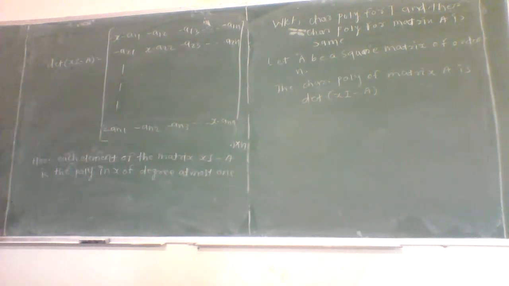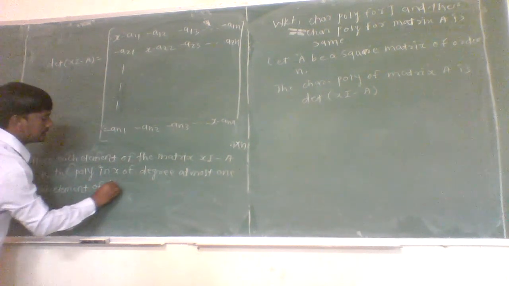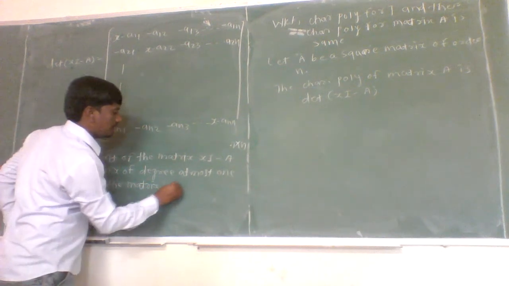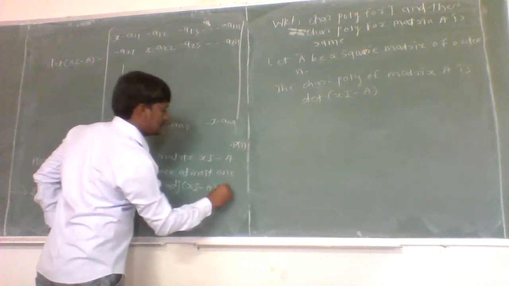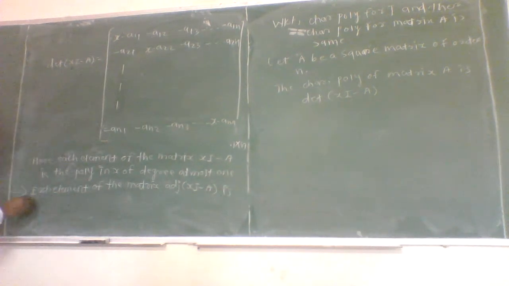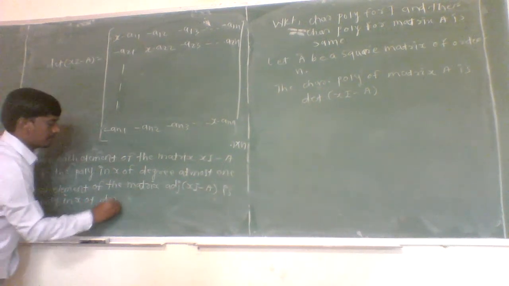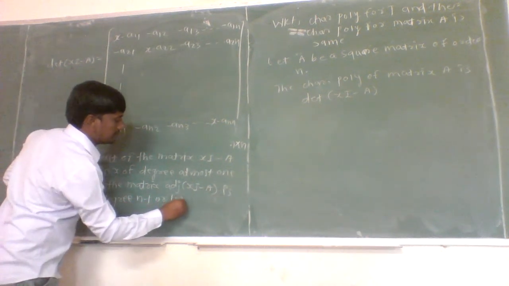Which implies each element of the matrix adjoint of xI minus A is a polynomial in x of degree n minus 1 or less than n minus 1.